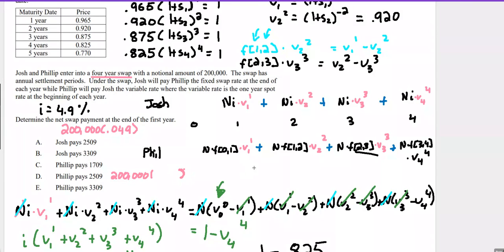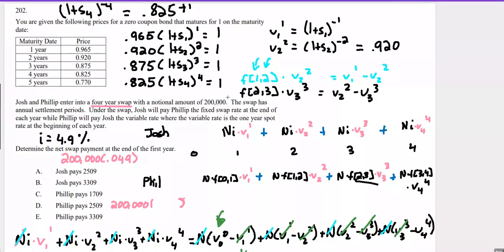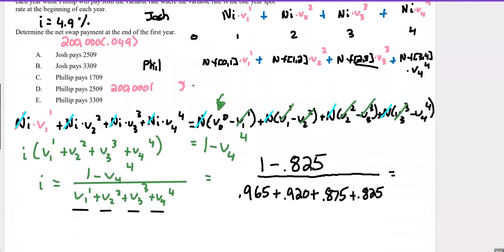That can easily be found because it's just like the 1 year spot rate. So it's going to be 1 divided by 0.965 minus 1. So it's 3.6%, right? So 0.036.